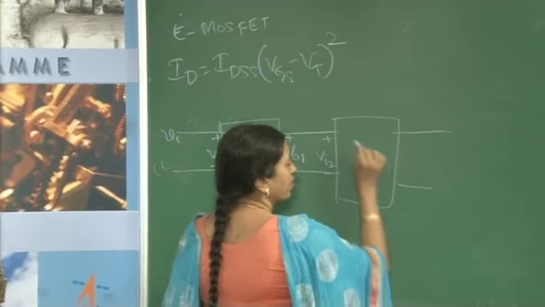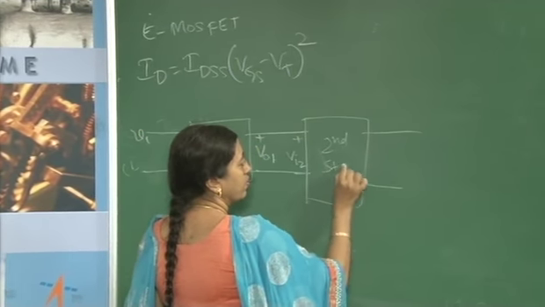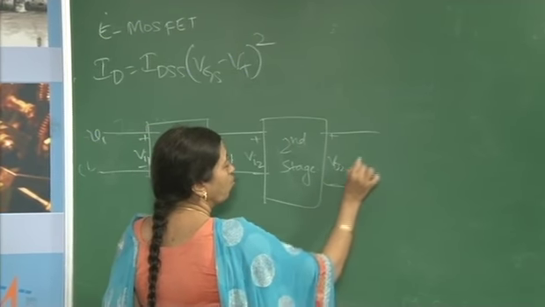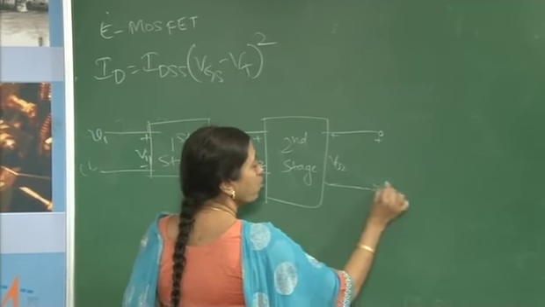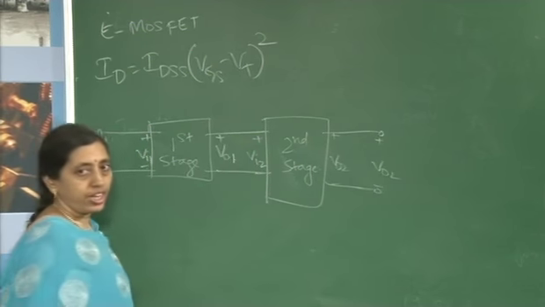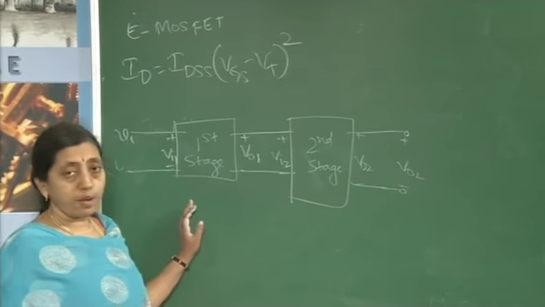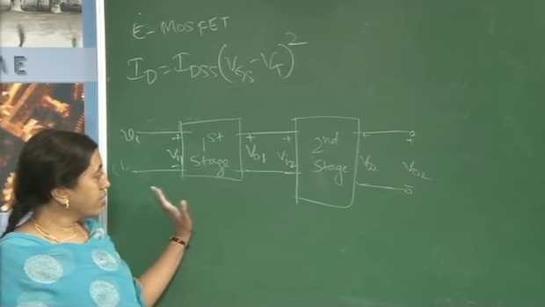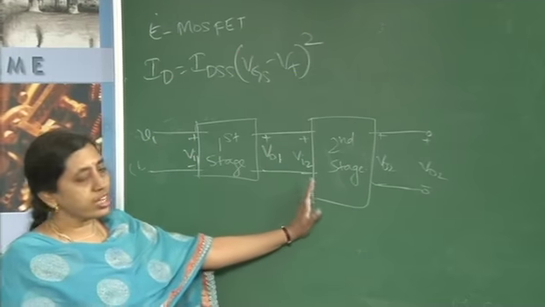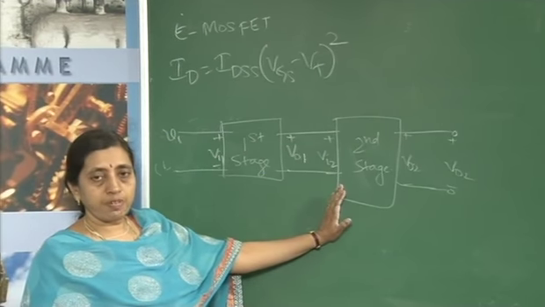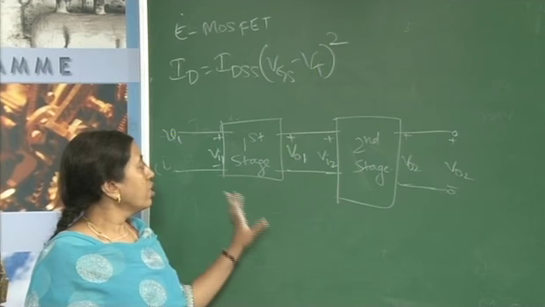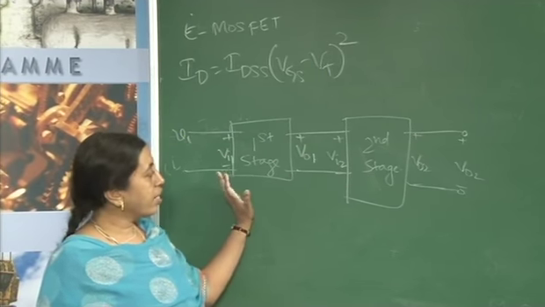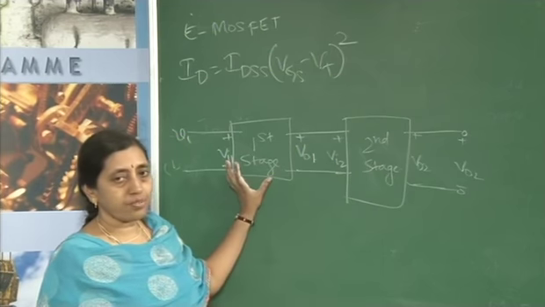Then the output of the second stage will be the final output if you are going for two-stage amplification. So, multi-stage amplifiers can have more than two stages. This is just an example wherein only two-stage amplification is illustrated. So, this type of connection is called cascading. So, we are cascading a second stage to the first stage.